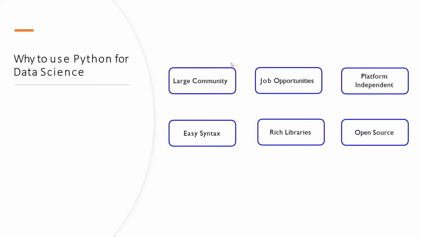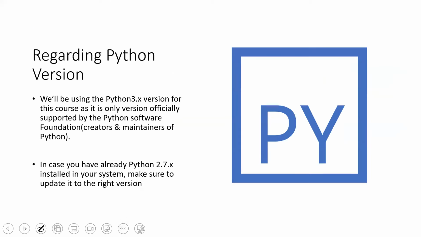Let's understand what are the different versions we have in Python. Currently, in general, there are 2 versions of Python: 2.0 and 3.0. However, they stopped using the 2.0 version in the year 2020. The Python community is not supporting Python 2.